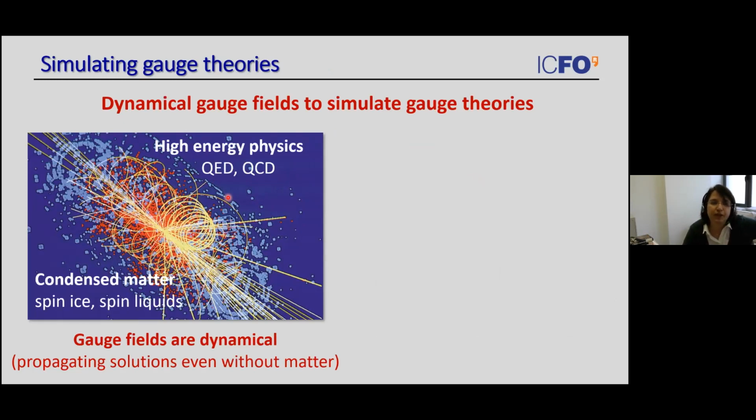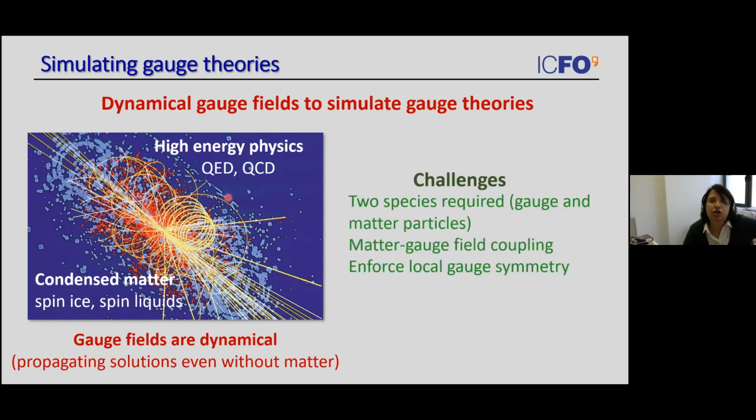So if you want to emulate these with quantum gases, you will have to use particles in principle that make matter and particles that make the gauge field. A priori, it's complicated because you would need two species. Then these matter particles and gauge particles need to couple in a particular way.